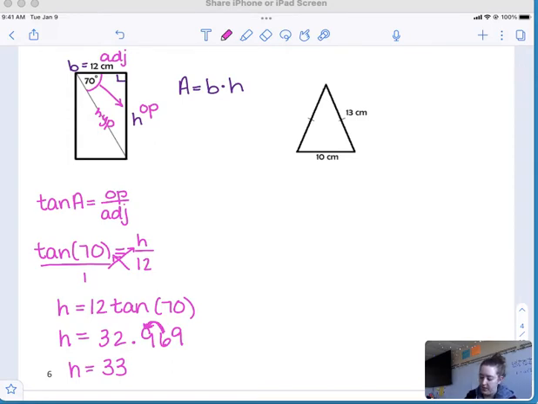All right, so let's go ahead and find that area. We know our base is 12, and we just found out that our height is 33. And when we multiply those together, we're going to get 396, and that'll be centimeters squared.